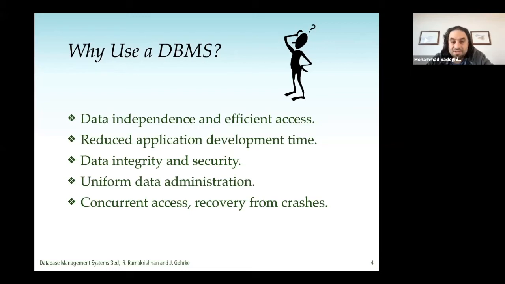Any promise that I have made, any transaction that I have committed, any book that I have sold, or any successful account transfer that I have done, should be recoverable. So that's important for crash recovery.